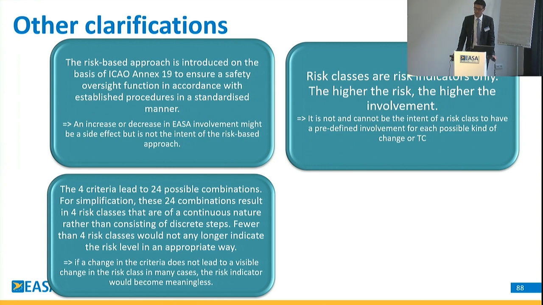We have thought about making fewer than 4 risk classes, but then a change of these 4 criteria would not any longer result in a risk class change, or in many cases it would not. Therefore it would become too meaningless. Finally we said, okay, 4 risk classes is the right level of simplification, but still meaningful. And this is where we are.